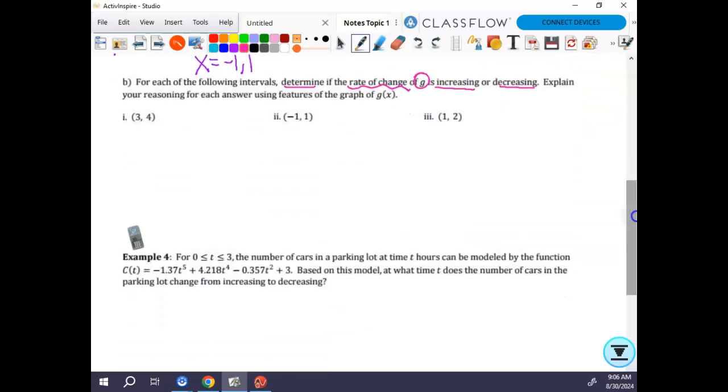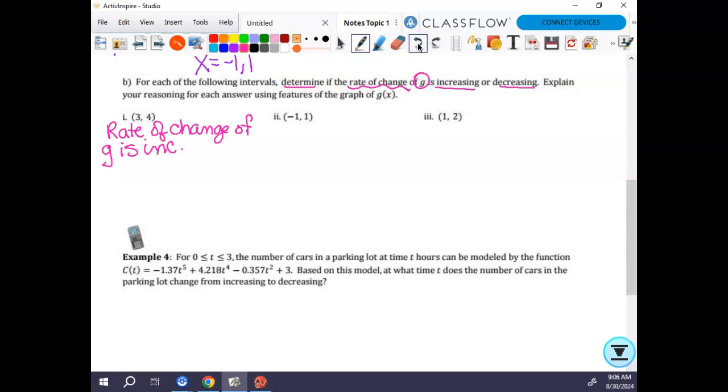All right, so here we are, and we're going from 3 to 4. So we can say the rate of change of G is increasing. Because, oh wait, increasing, hang on, I left off a really important part here again.